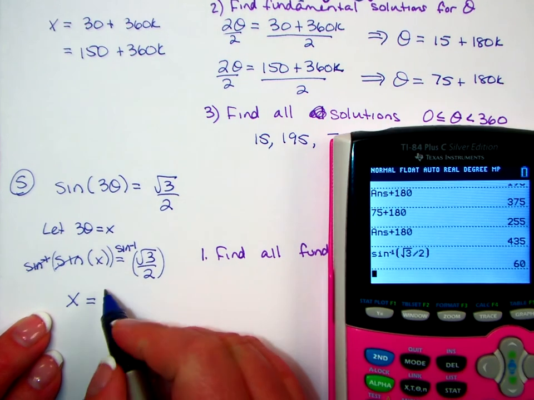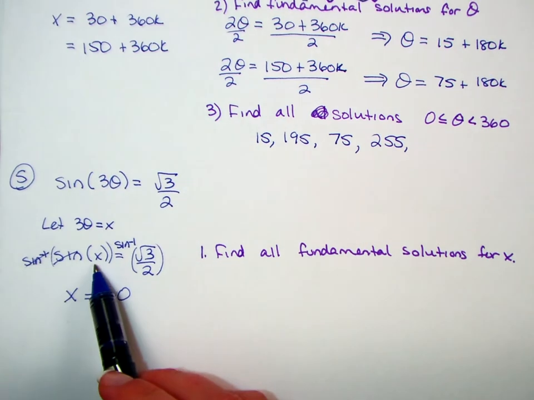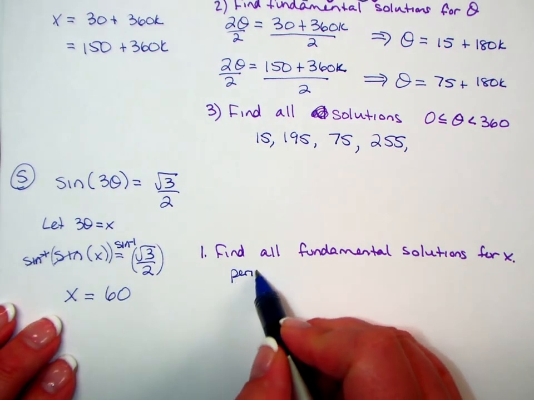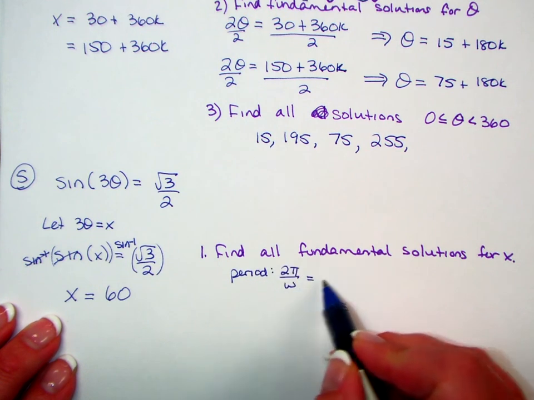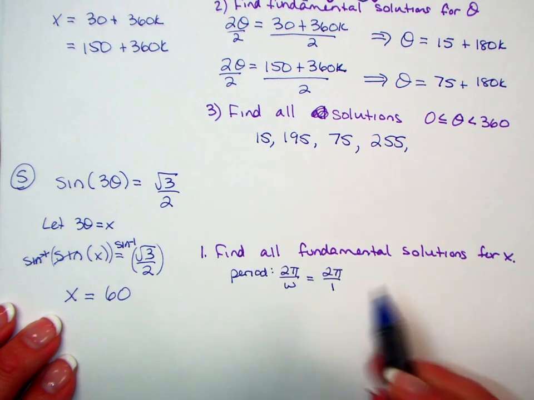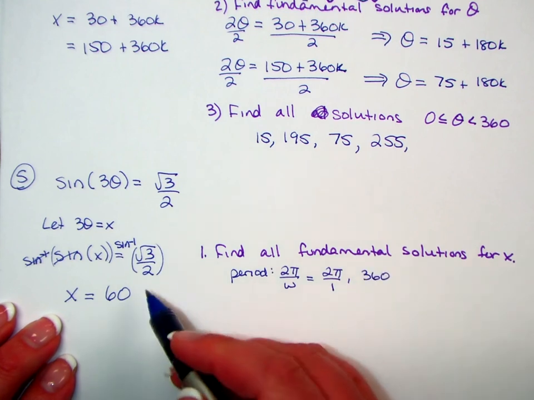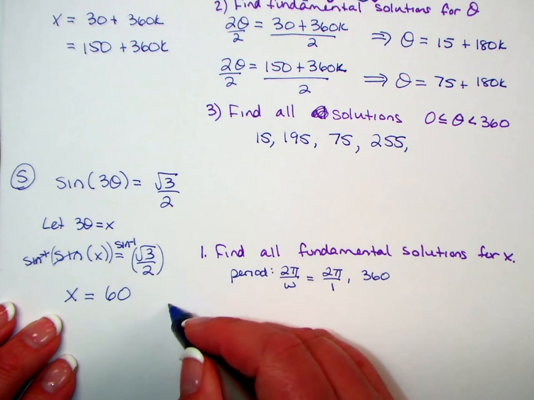Okay. Now, for the fundamental solutions for x, sine x is 2 pi periodic, right? The period here is 2 pi over omega, or just 2 pi, or 360 degrees. So I want to find all the places where this function is satisfied.